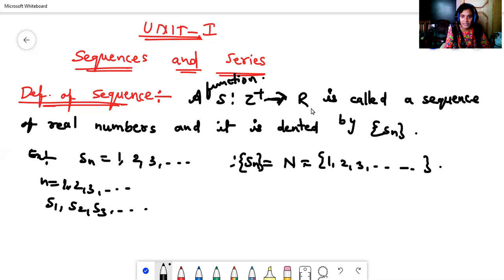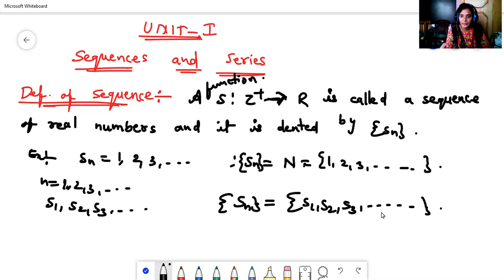So such a mapping is said to be a sequence of real numbers, and this is denoted by the sequence Sn. Here the sequence Sn is the sequence of S1, comma, S2, comma, S3, and so on.